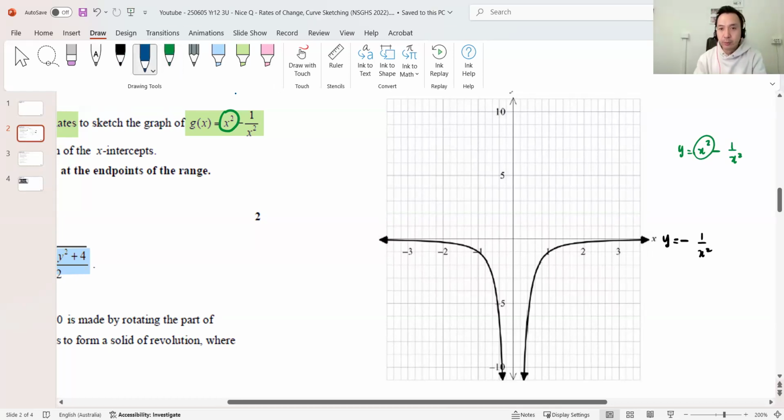I'll use blue: y equals x squared, just a parallel one. That's 1, 1, 2, 4, and then 3, 9, and then 1, 1, 2, 4, -3, 9. Nice symmetricals.